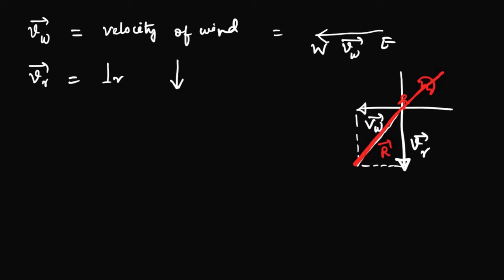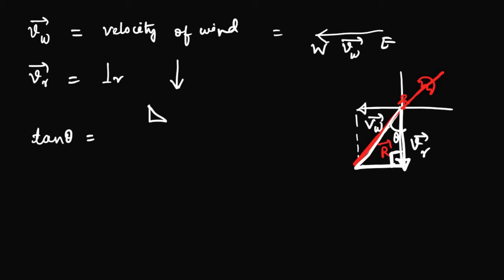The angle we will find as tan theta equals the ratio of the velocity vectors. Why is it tan theta? Because we know the angle has to be this one, theta, and if this is a rectangle, in this triangle with the 90 degree angle, it would be P by B, perpendicular by base.